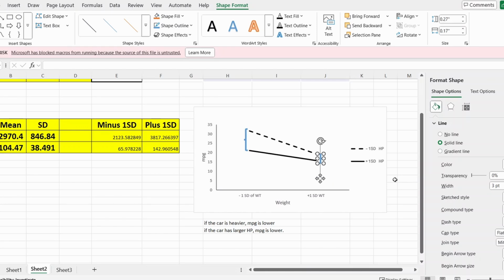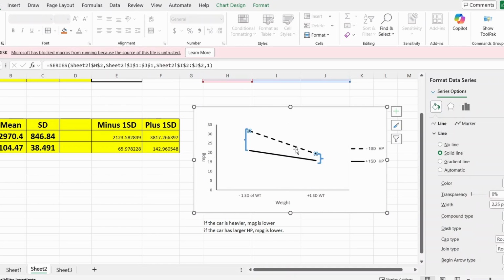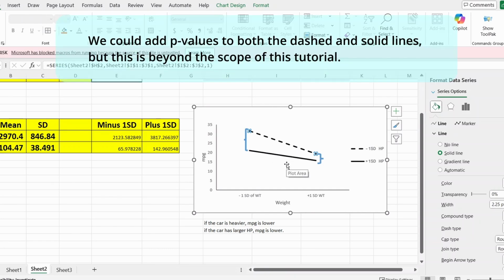Hopefully it makes sense. Then my question is, how about the slope of that line? It looks steeper than the solid line. Whether the slope is significant or not could be a question. We can test that actually, and you can have a p-value for this one.